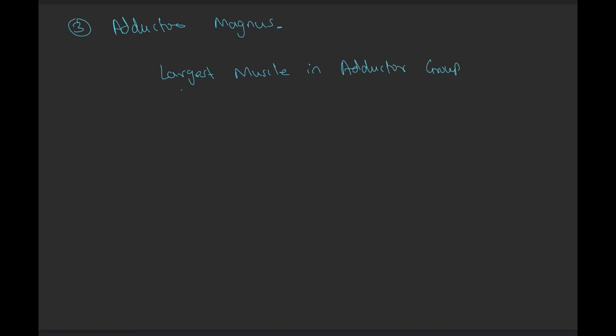The next muscle we are going to study is Adductor Magnus. It is the largest muscle in the adductor group, as well as the strongest muscle. This muscle has two parts or two divisions.